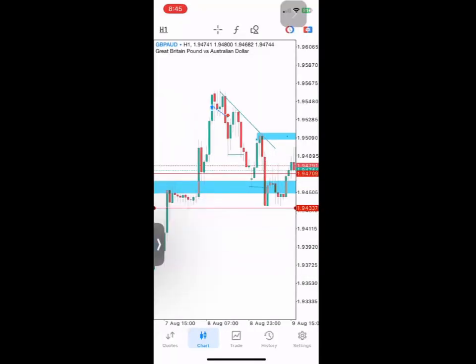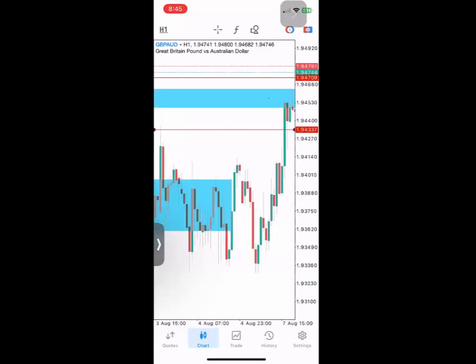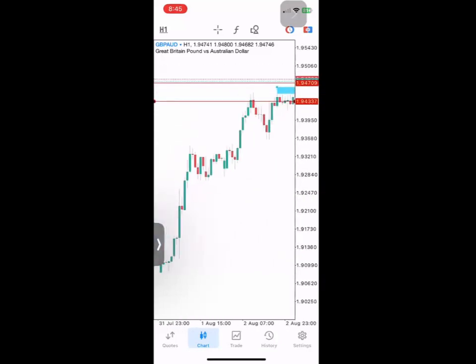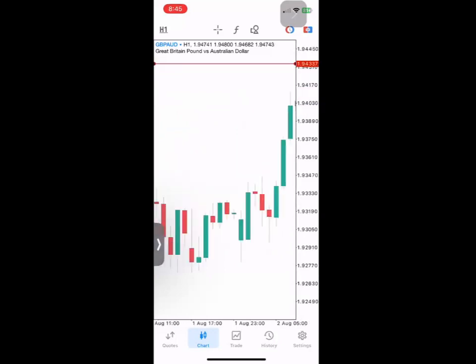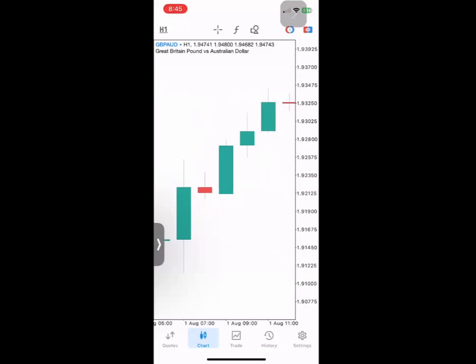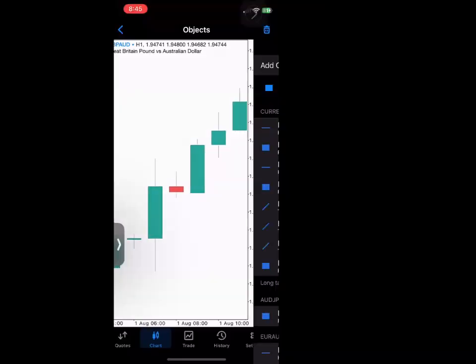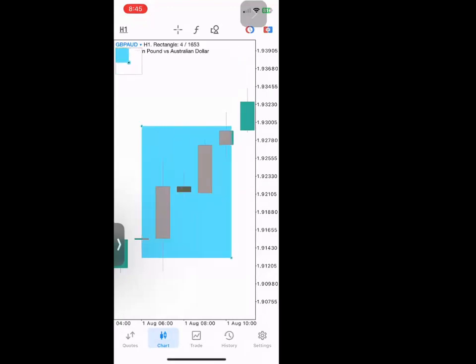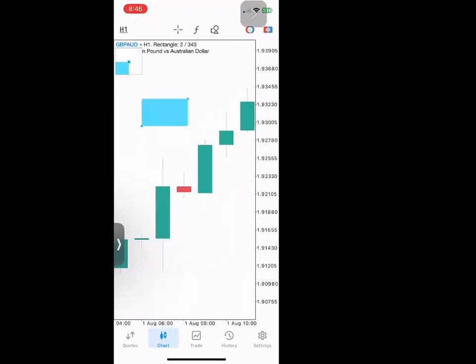So if we are to take a good look at this candle, we have each one. Each candle that you see here, we have a small one, this small candle, and these ones are bigger.